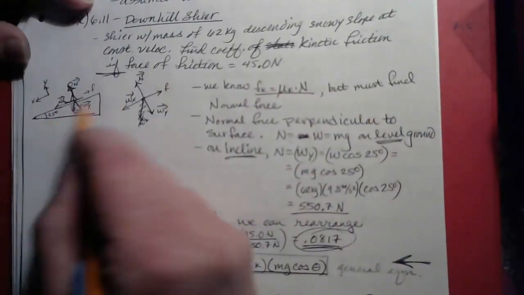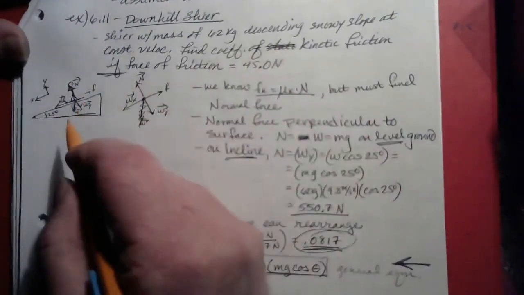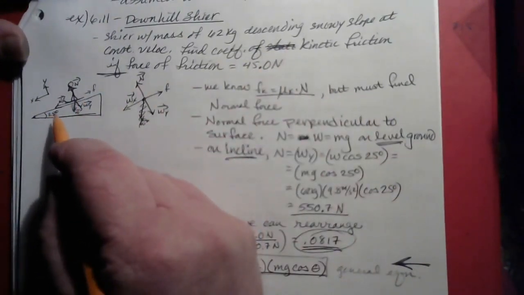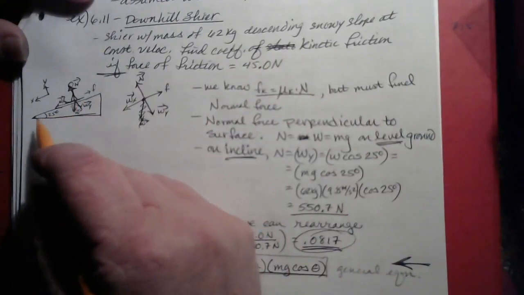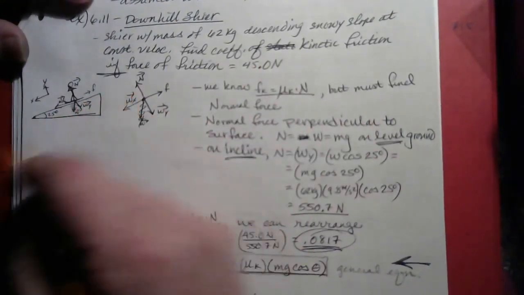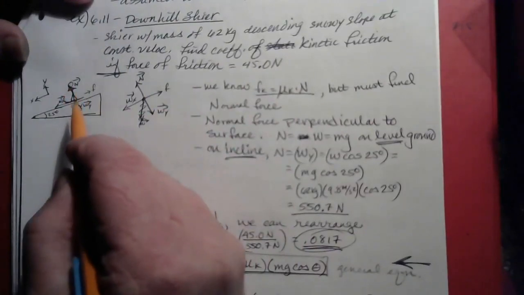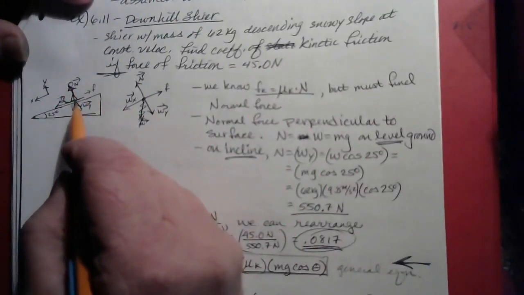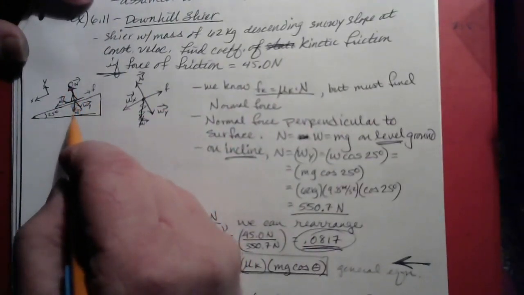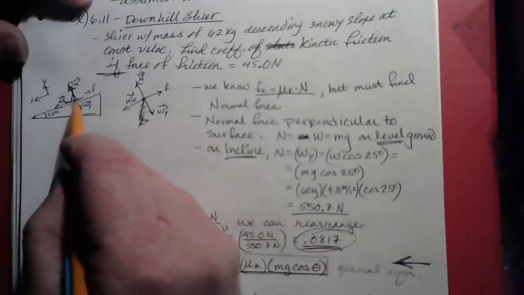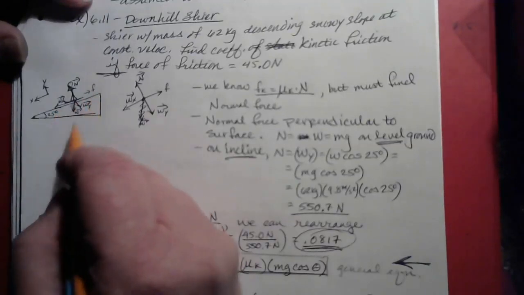Okay, so looking at the situation here, they didn't mention in the text, but the diagram shows that the angle of the hill is 25 degrees to the horizontal. So you've got the skier, and you've got the skier's weight, which is pushing straight down toward the center of the earth and is therefore not perpendicular to the slope.